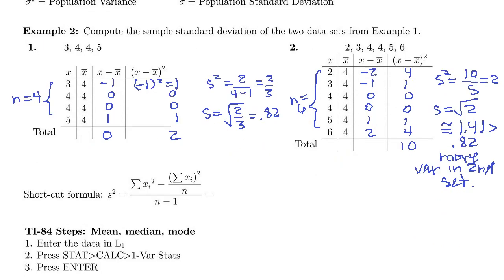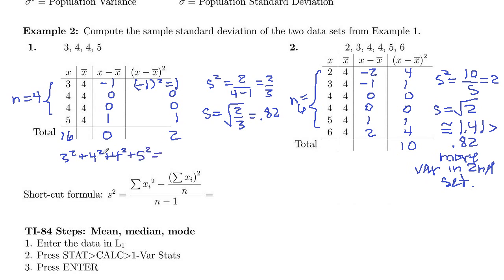Now you can also use this so-called shortcut formula to compute your standard deviation. So here you sum up the squares of the x's, and then you take the sum of the x's squared, divide by n, and divide that whole thing by n minus 1. Here are our data values, and they have a sum of, let's see, 7 and 9, 16. So that's the sum of the x's right here. And the sum of the squares: 3 squared plus 4 squared plus 4 squared plus 5 squared.